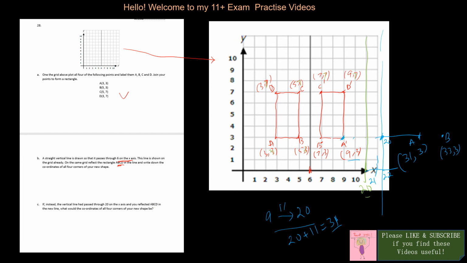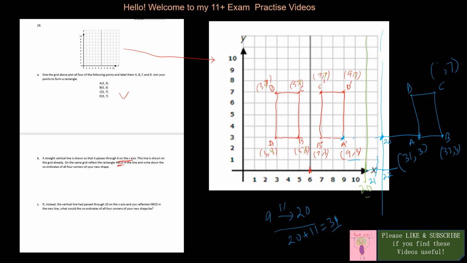Then my C and D. So C will be, the y coordinate will be 7. Sorry, it will be 7. Let me erase it neatly. So this will be 7. The x coordinate will be, we have added 9 and 11, again 20 and 11.